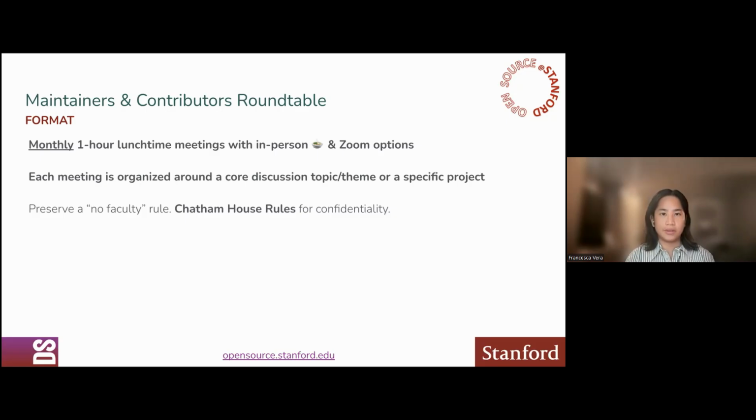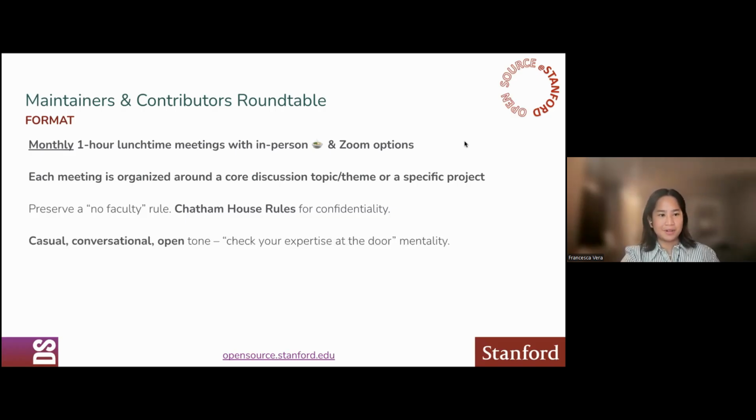And so preserving a no faculty rule has allowed us to keep that sort of safe atmosphere. And we adopt Chatham House rules for confidentiality. Again, doubling down on that idea that these meetings are intended to be a safe and open space.